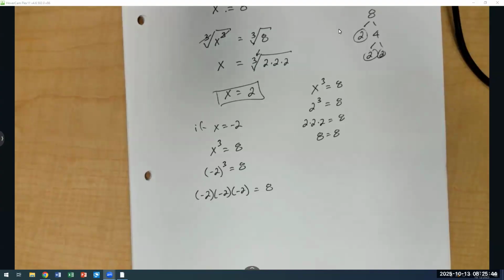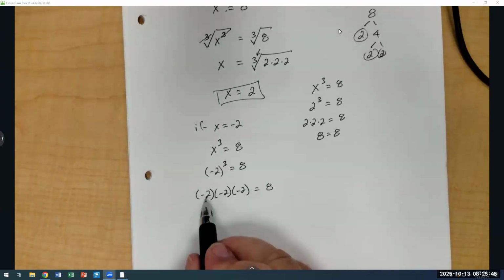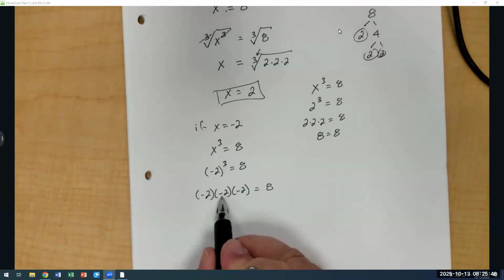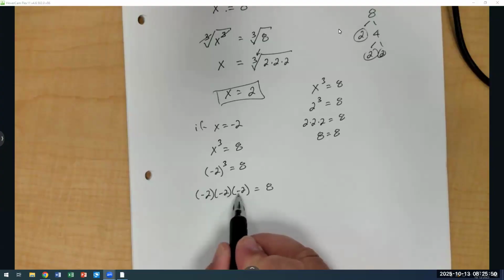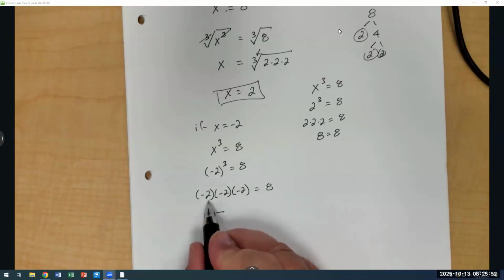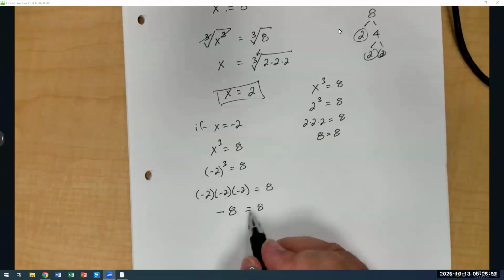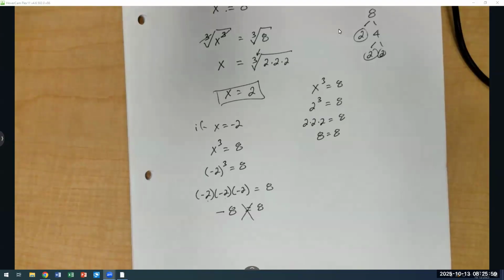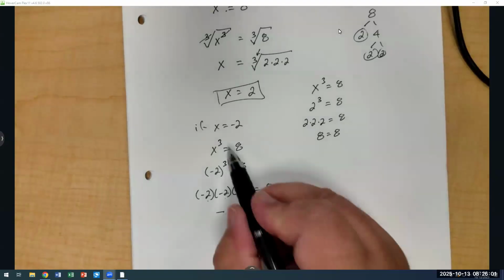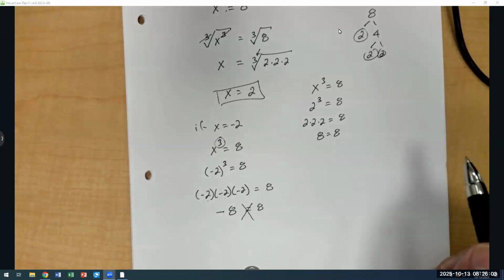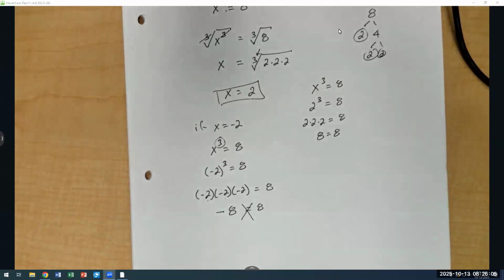Does that equal +8? Negative times negative is a what? Positive, times negative is negative. That doesn't work. So if it's odd, it's either going to be positive or negative. It's one or the other. If it's even, then you have to put a plus or minus.